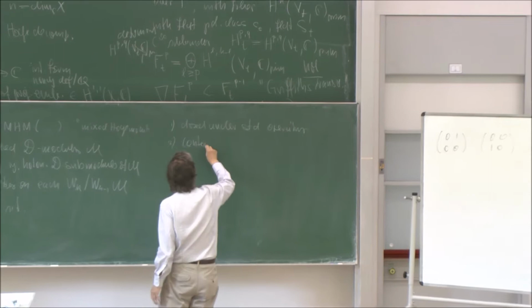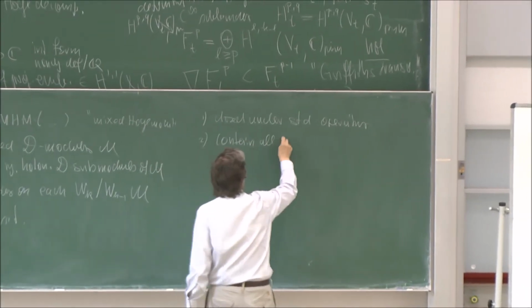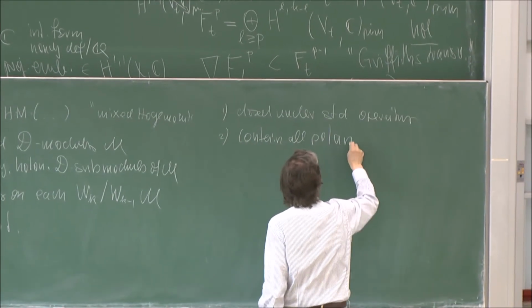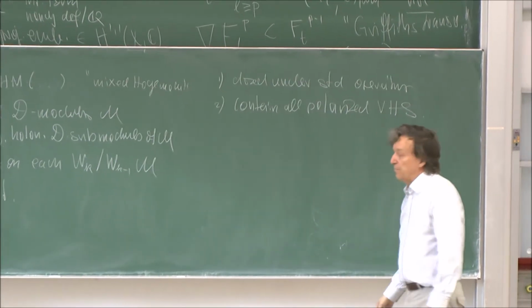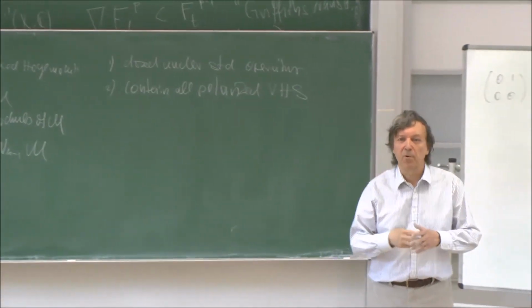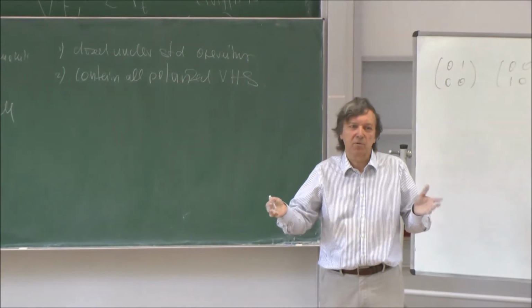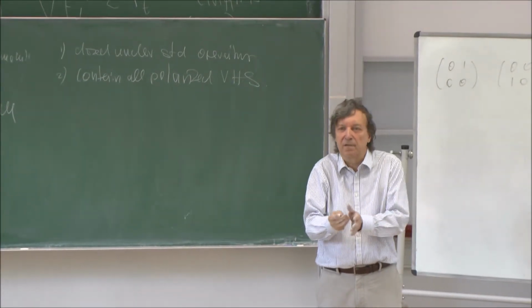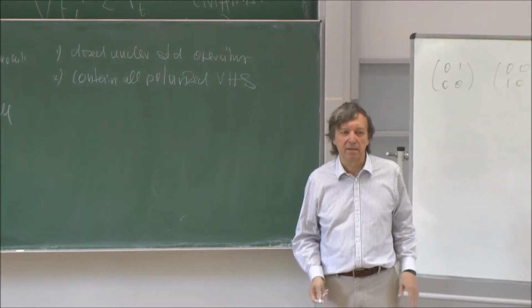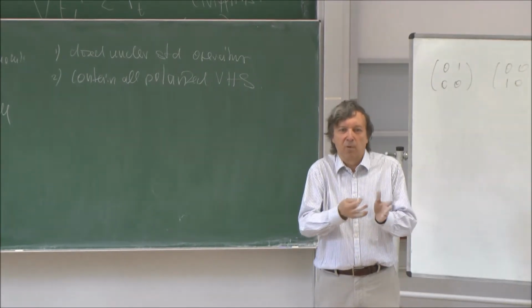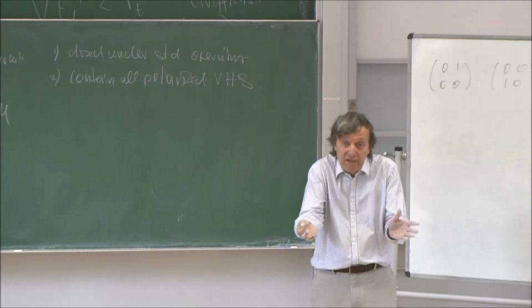it contains all polarized variations of Hodge structure. Because if you have a polarized variation of Hodge structure, you can look at the sheaf of holomorphic or algebraic sections of that flat bundle, and locally you have a filtration.